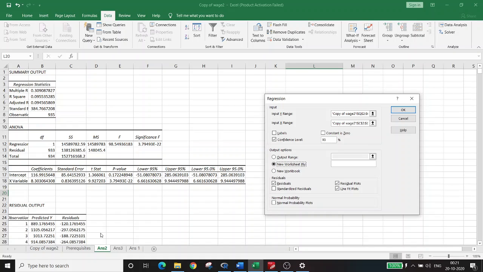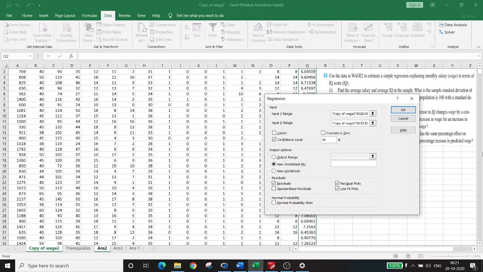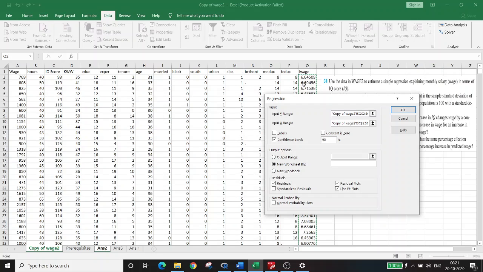Since in the first model I have to obtain a regression of wage on IQ score, I go to this page, which is the last file that I've done, that is for answer 3.